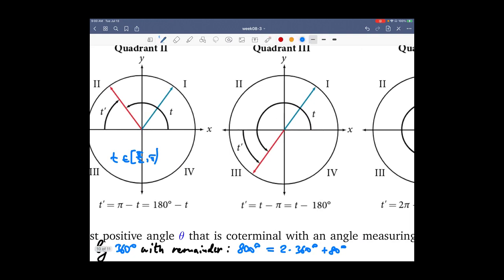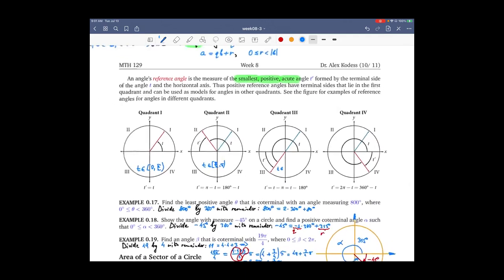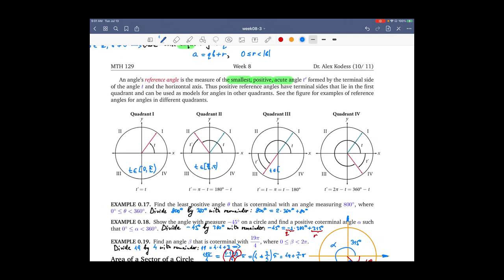Now, when you're in the third quadrant, so your angle t is between pi and 3 pi over 2, the reference angle, again, the smallest positive acute angle between the terminal side and the x-axis, is this one.